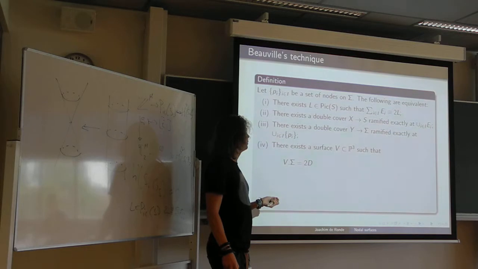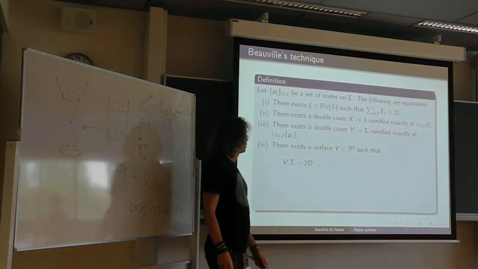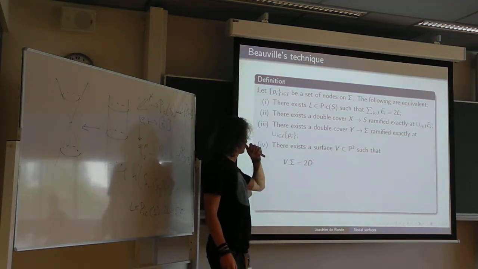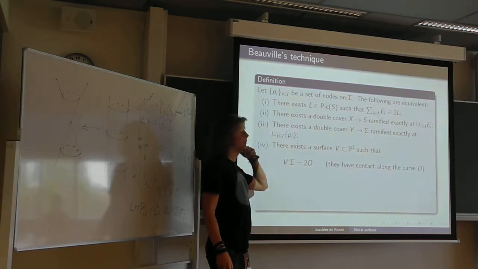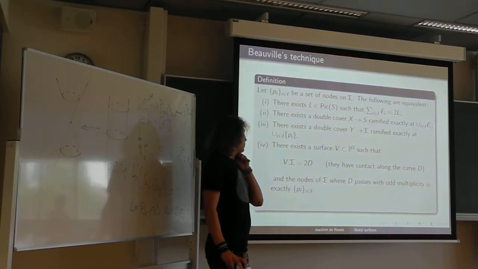But it's in turn equivalent to the existence of another surface, B in P3, which has contact with sigma. That is, if you take their product in a Chow ring, you get twice a curve. By definition, this means a contact along a curve. And this curve has a very special property.